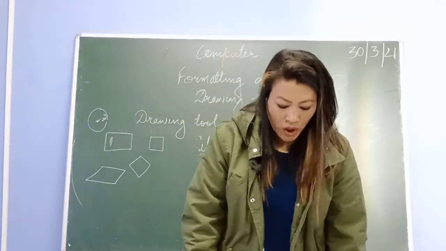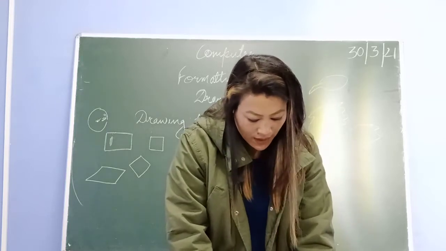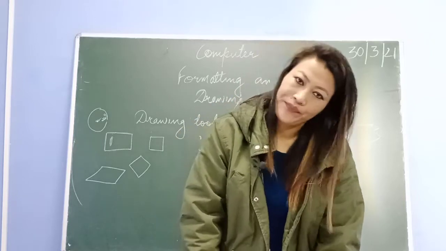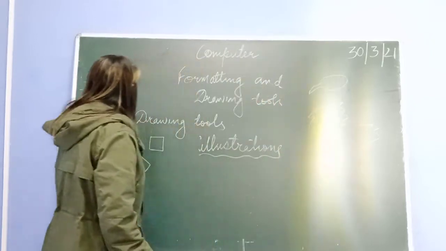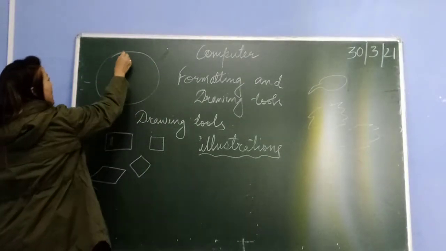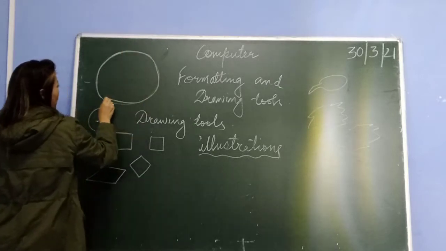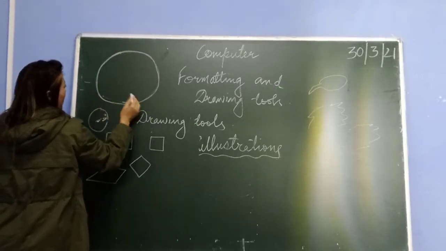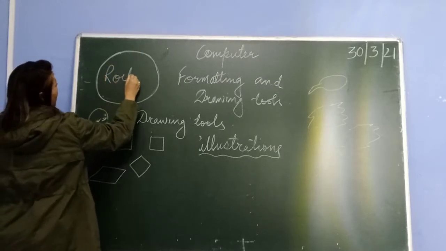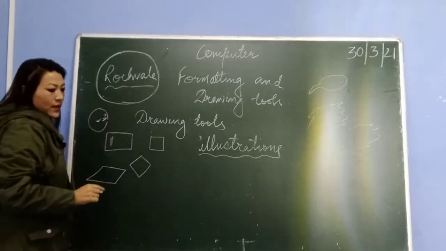Once created, a shape can be used to illustrate the information on the page. To accomplish this, MS Word allows you to place text in a shape. Suppose you have inserted the shape circle. Now you want to write text inside the shape, like Rockwell. How will you insert this inside the shape?